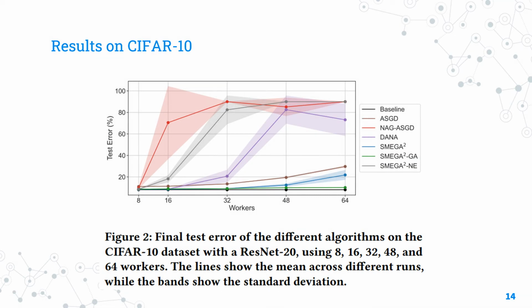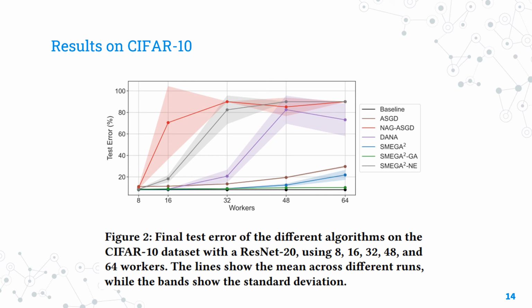Here we see a figure of the test error when training a ResNet-20 neural architecture on the CIFAR-10 dataset. The y-axis presents the test error, so lower is better, and the x-axis is the number of workers. SMEGA achieves the lowest test error and maintains the best scalability compared to the other algorithms.